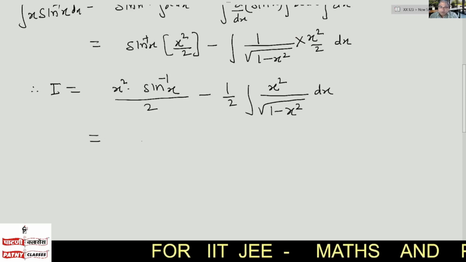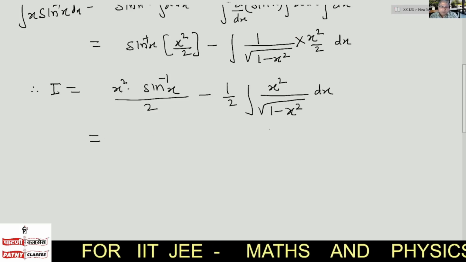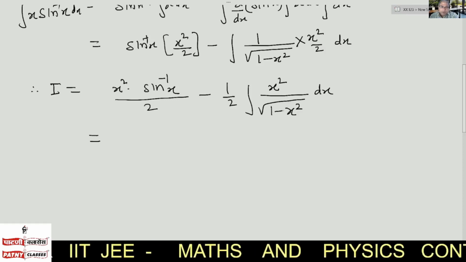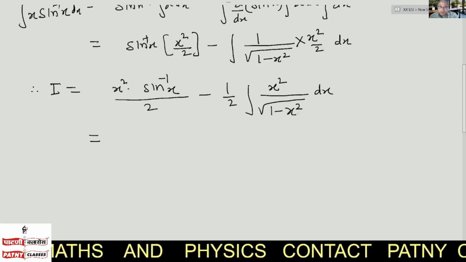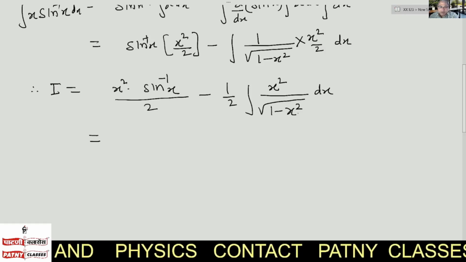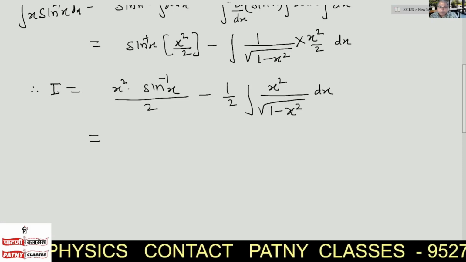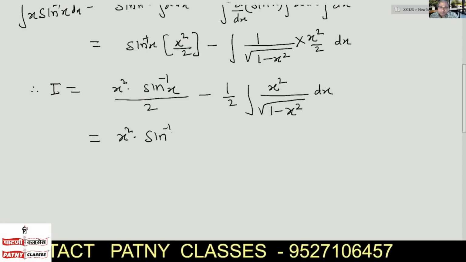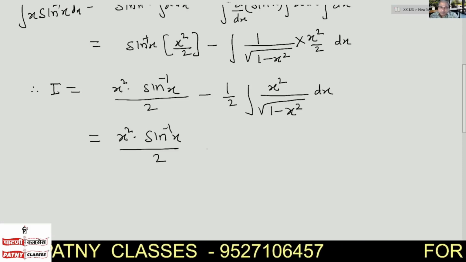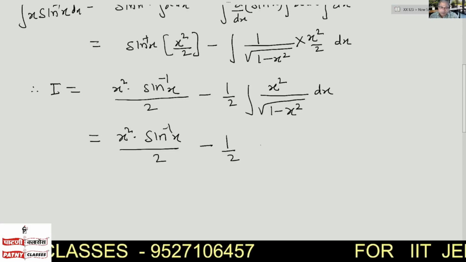Here we cannot directly do the integration. We have to do some addition and subtraction, that is addition of 1 and subtraction of 1. x square sine inverse x by 2 minus 1 by 2.